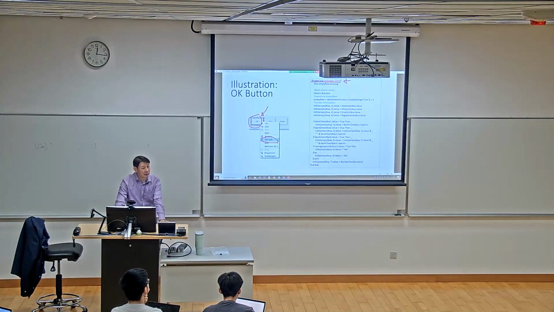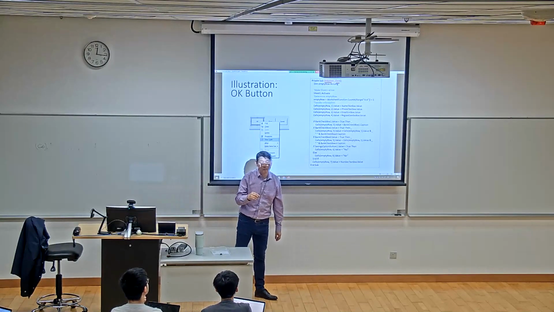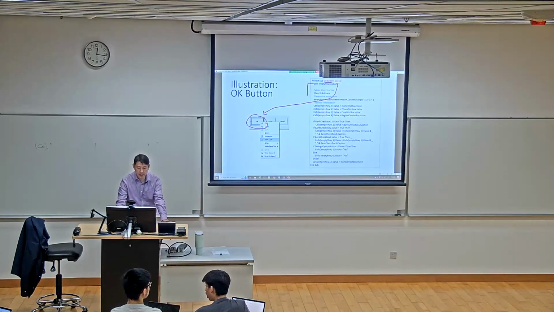And I think I have already explained this some time ago. When you see a subroutine's name like this, it contains two parts. The first part is the object's name, the second part is the event. So it means that when someone clicks on these objects, it will trigger this particular subroutine.